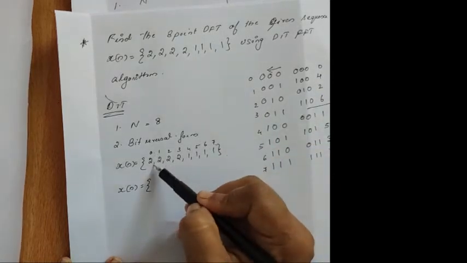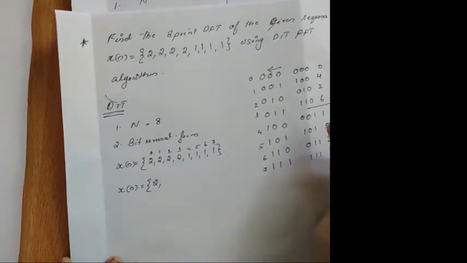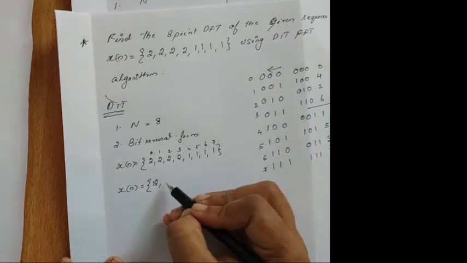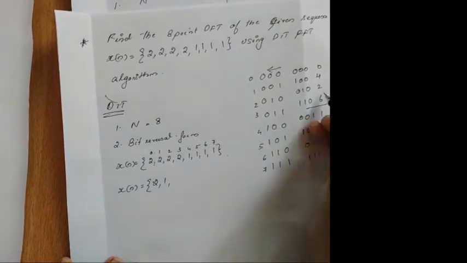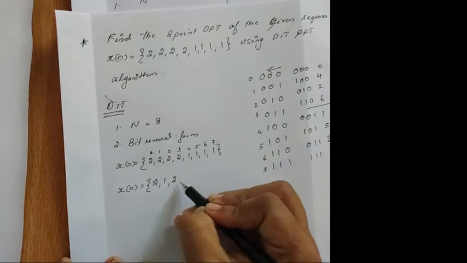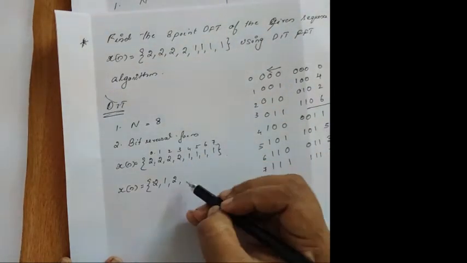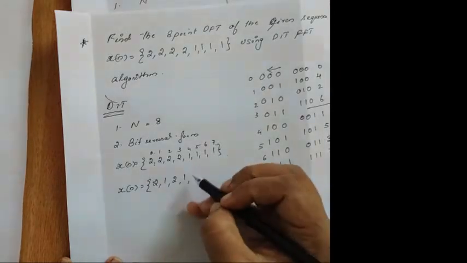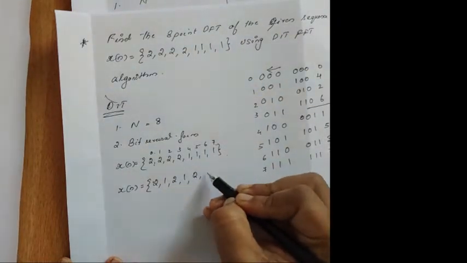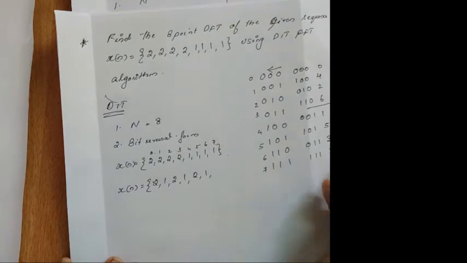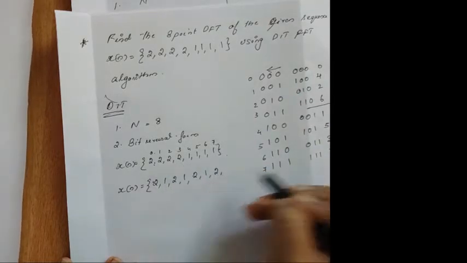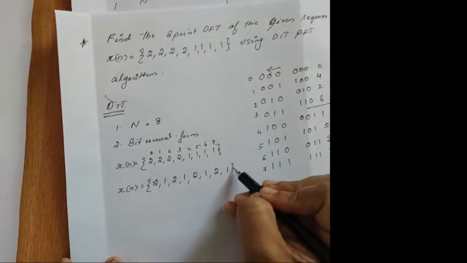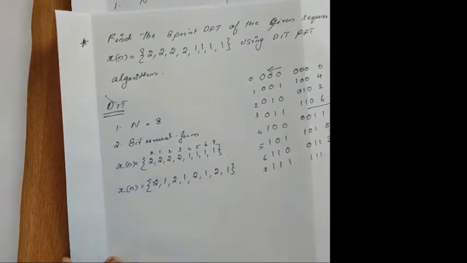What is the zeroth term? 2. Next is 4. What is the fourth term? 1. The second term is 2. The sixth is 1. Next 1, 2, 5, 1, 3, 2, 7, 1. So this is your bit reversal data.